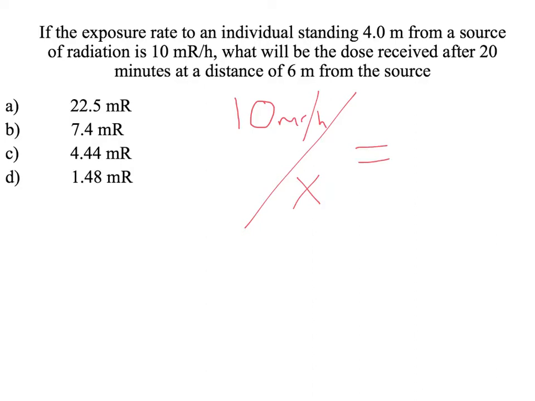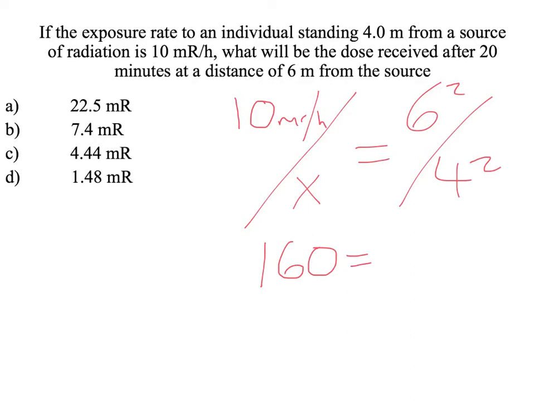And applying the inverse square law, we're going to put the 4 down on the bottom and the 6 up on top, right? Does that make sense so far? So this is going to give me 10 times 16, right? I'm skipping some steps here, but that gives me 160 equals 36x.